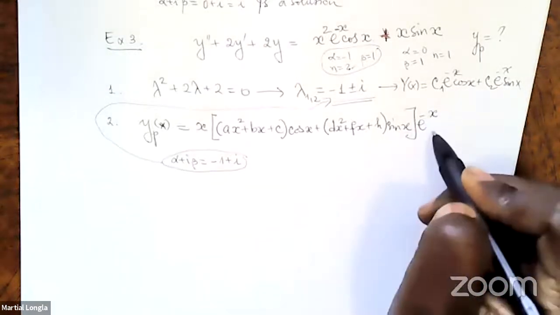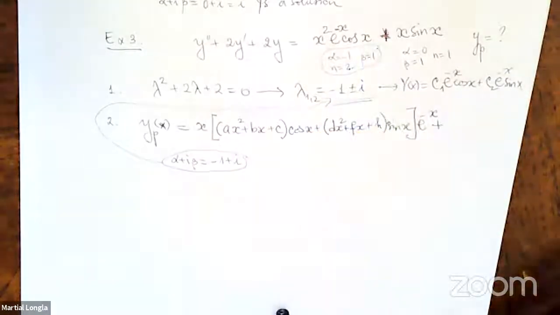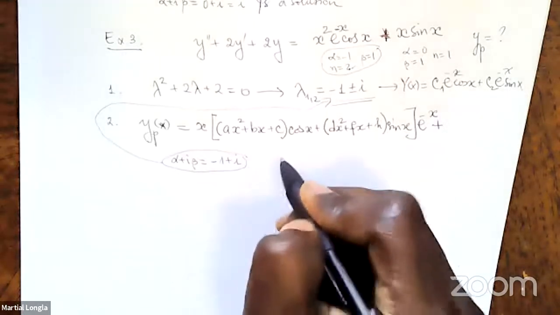So that would be yp of x only for this first piece where we are dealing with x squared e to the negative x cosine of x.